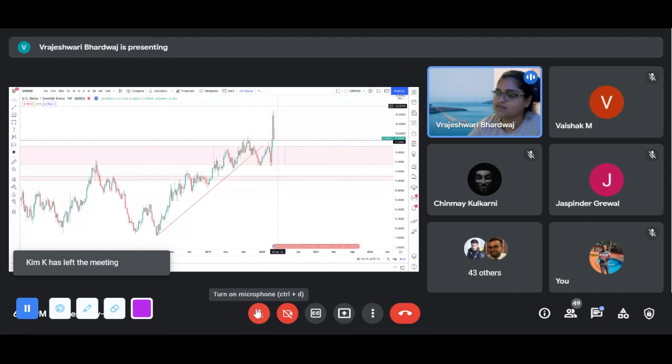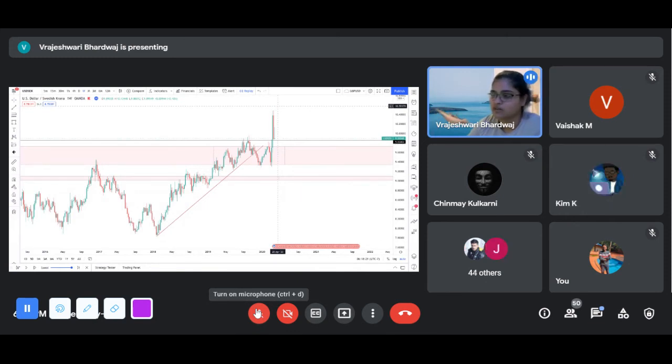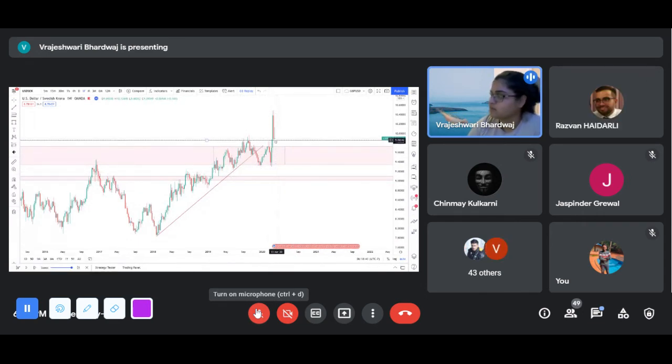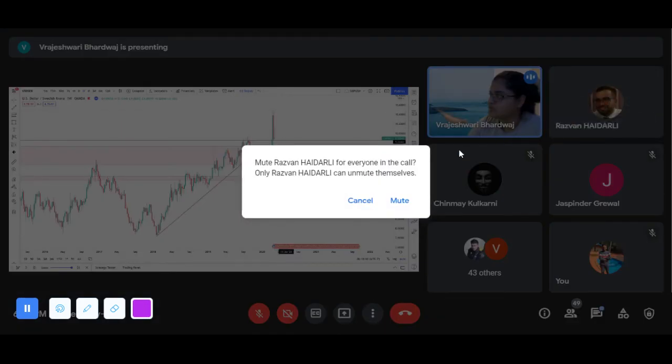Since this is an exotic pair, this is the US dollar against a krona, the krona isn't really going to have much of an impact, right? It's not as big of an economy as the US is. So if this pair is going to be moved, it's going to be moved by US fundamentals, right? And so in that case, we're pushing back up. You didn't have much of a clear structure, just this little bit of consolidation here. So now from a technical perspective, we want to see, is this area going to be held as support, or is price going to just come right back down after creating that top rejection?